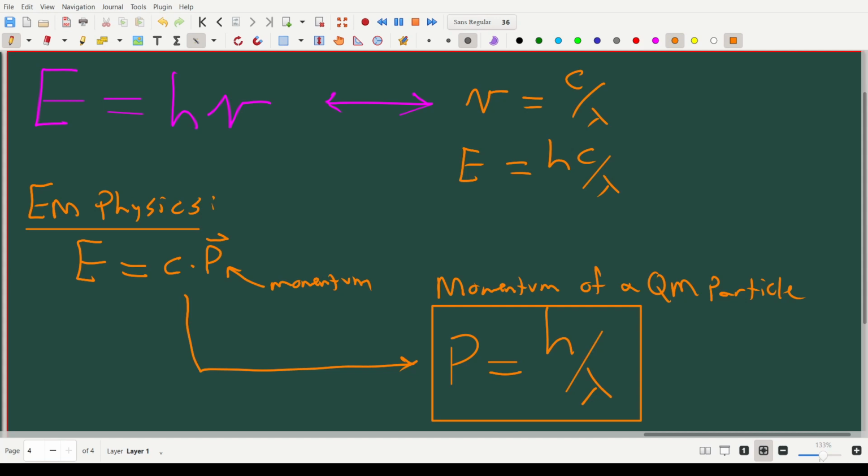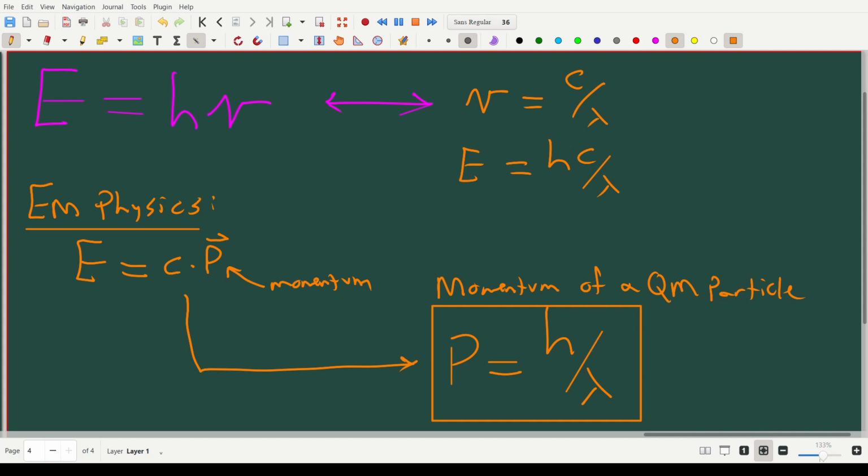Now the wavelength is actually pretty long. In fact, if you get a helium atom cold enough, really any atom cold enough, which means its momentum is slow, because if it's cold, it's not moving very fast, the wavelength of the helium atom is actually longer than the actual size of the system.